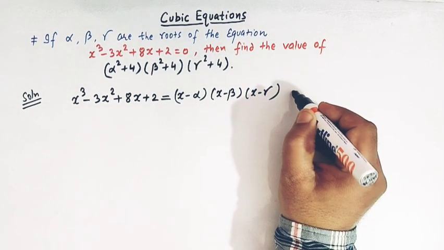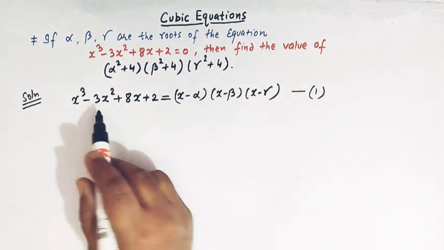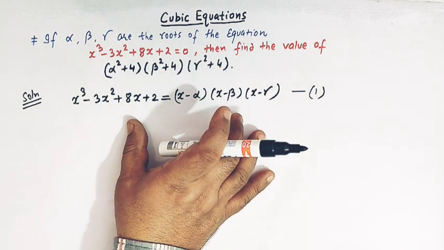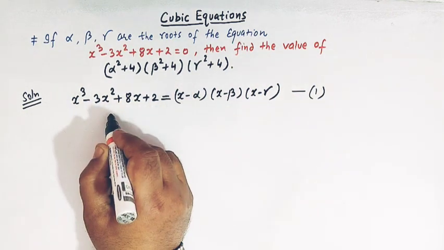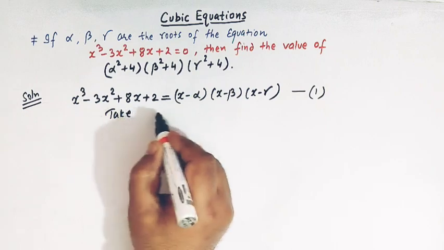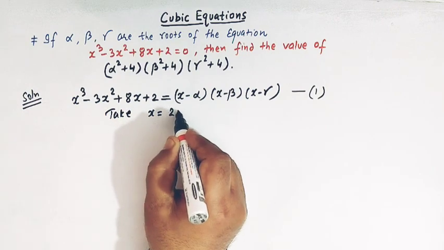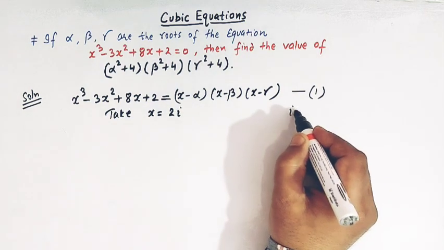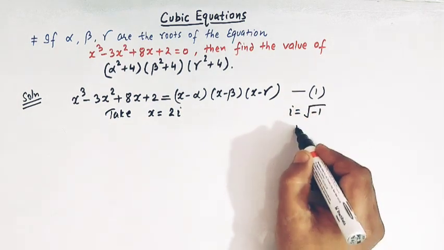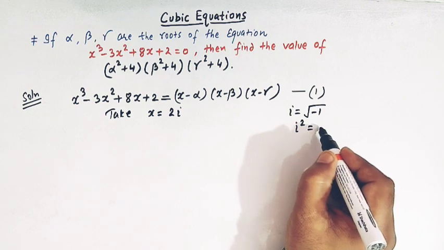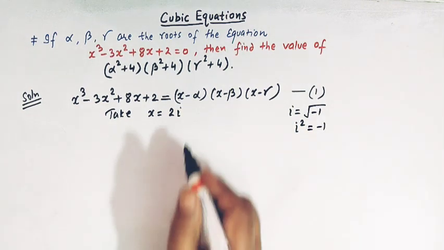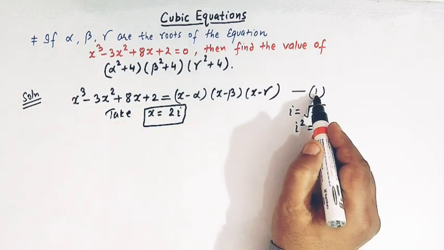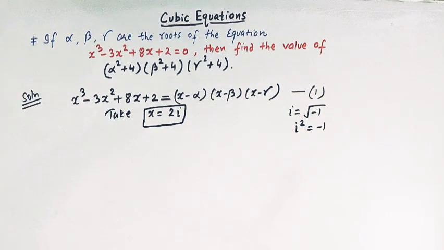This is an important step. Now we will take x is equal to 2i, where i is the complex number iota, the square root of minus 1, that is i square is equal to minus 1. We'll make this substitution in equation number 1.